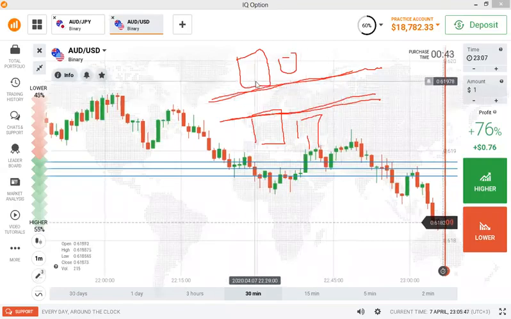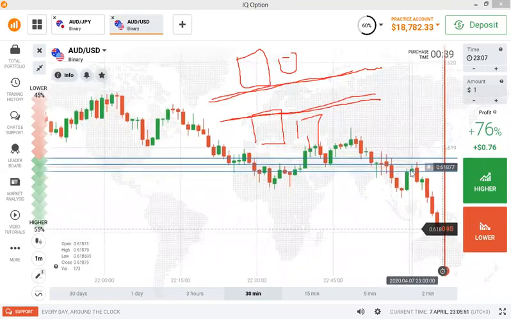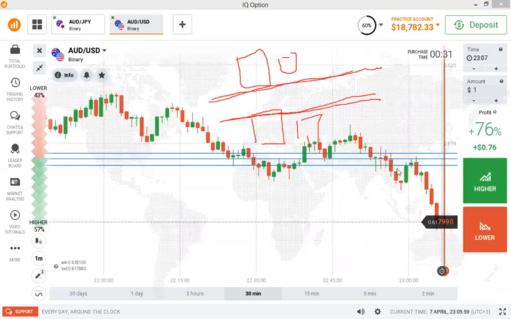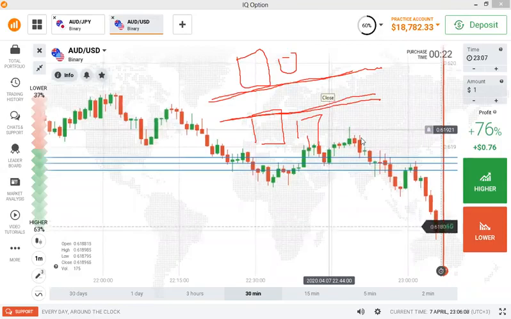Here on the upper side too, look for the same level to act as an area before you place your trade. So not only one turning point will act as an area. Okay, sir. Thank you very much.